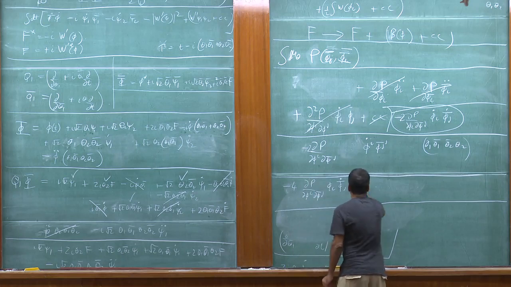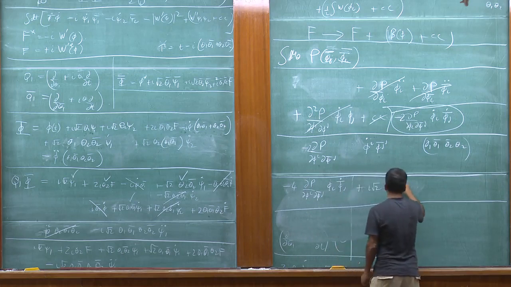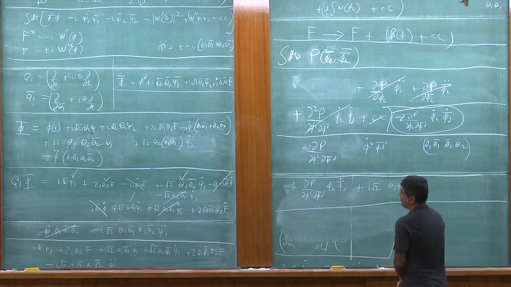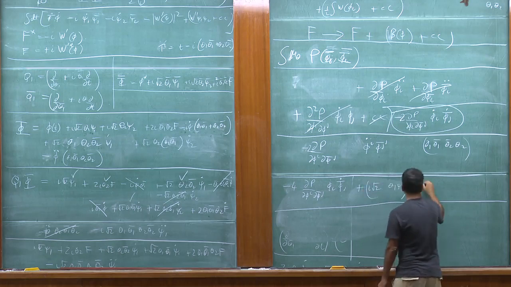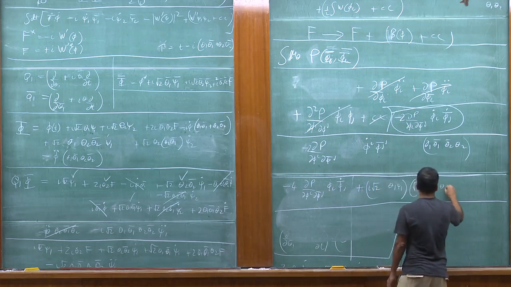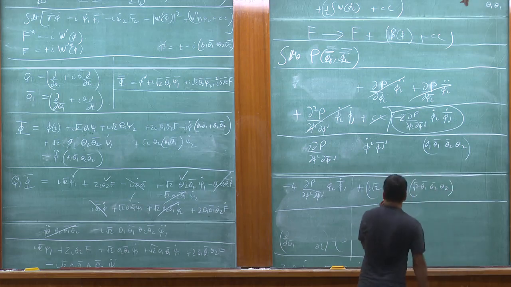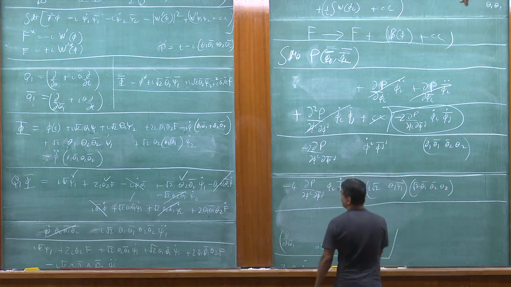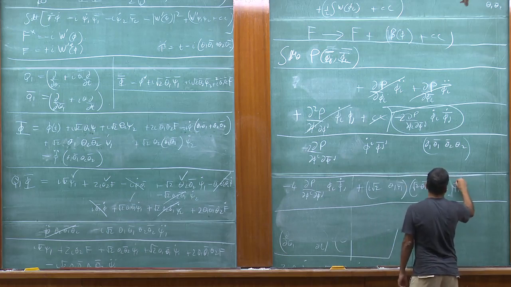So it's plus I square root 2 theta 1 psi 1 and times square root 2 theta 1 bar theta 2 bar theta 2, psi 1 bar dot.